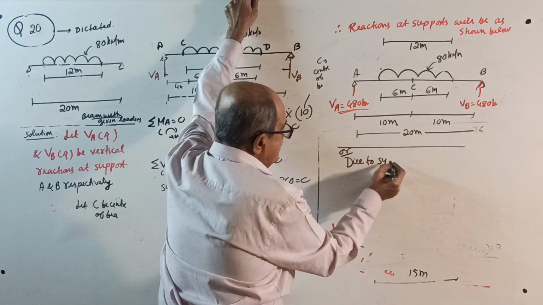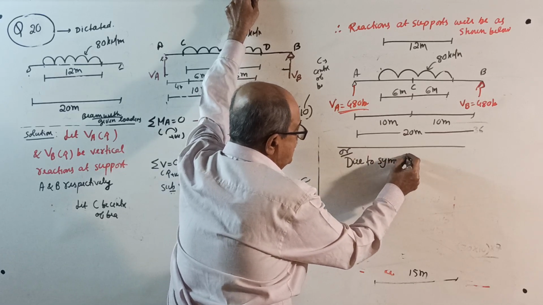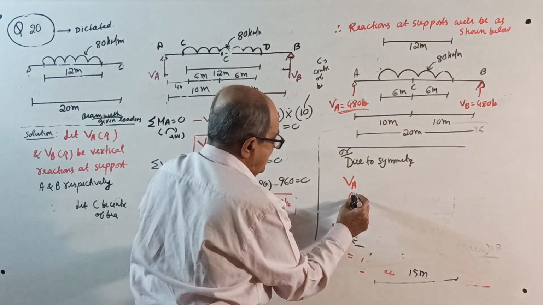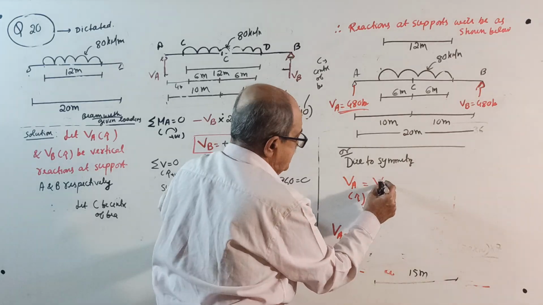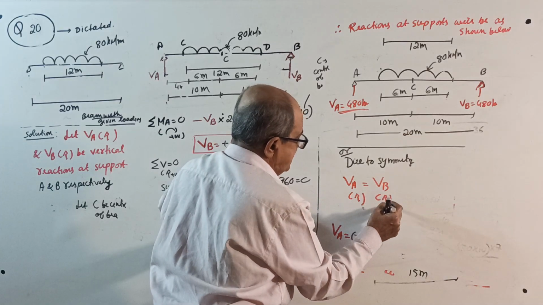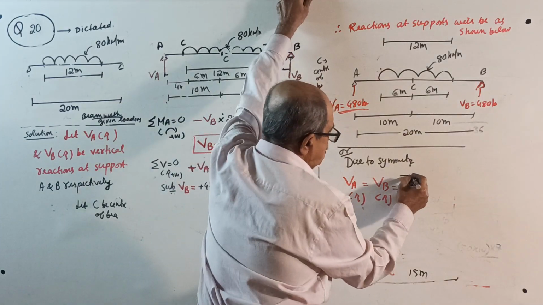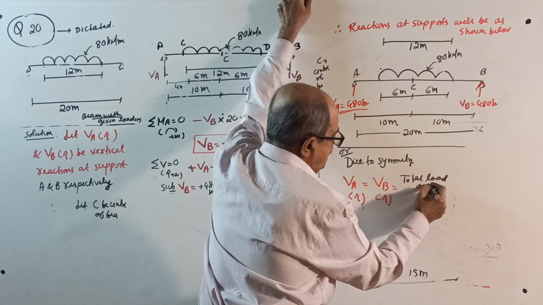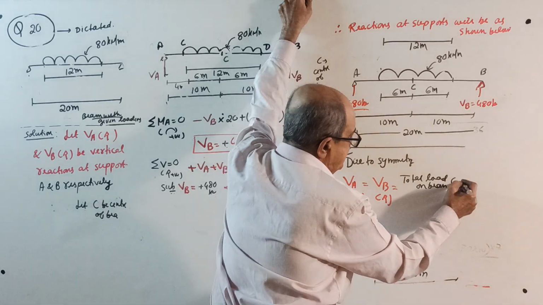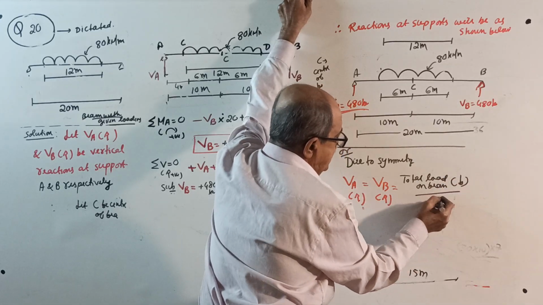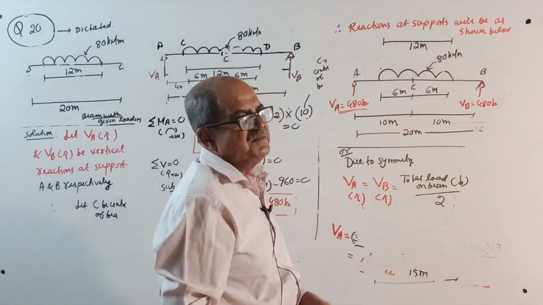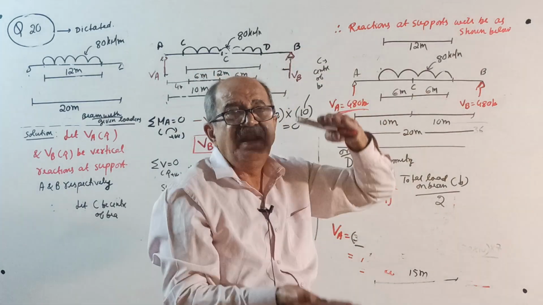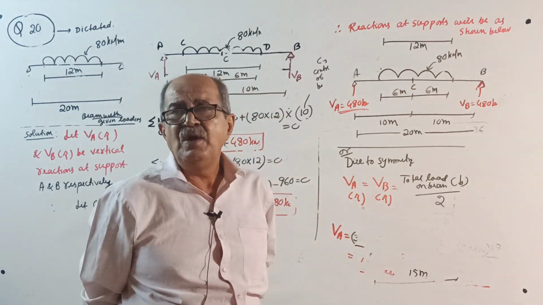Due to symmetry, directly, vertical reaction at A in upward direction equal to vertical reaction at B in upward direction equal to total load on the beam in downward direction divided by 2. This I am stopping now. See, action and reaction equal and opposite.